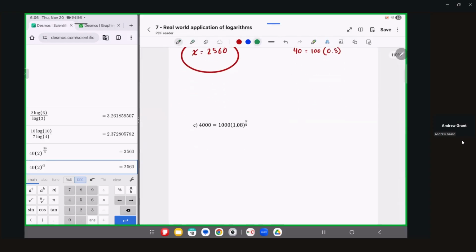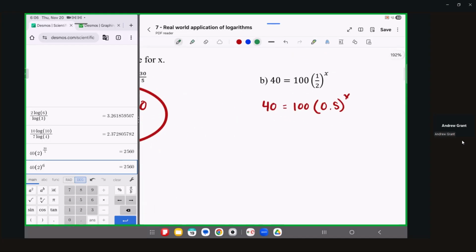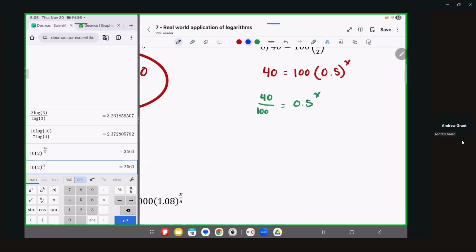Next thing we want to do is to divide both sides by 100. So then we're going to end up with 40 over 100 is equal to 0.5 to the x. Next, we're going to write this in logarithmic form. So it'll be log base 0.5 of 40 over 100 is equal to our x value.